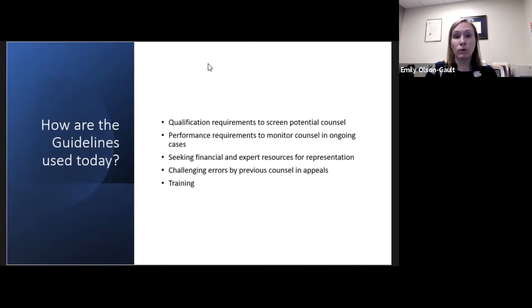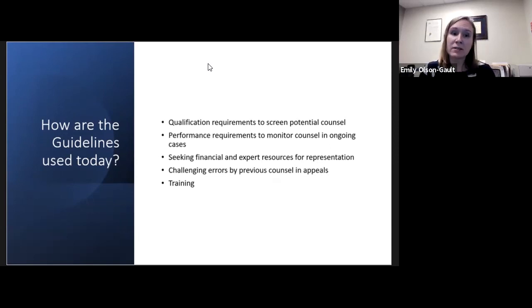And there are sessions where the guidelines themselves are taught, but the other training programs also seek to comply with the guidelines to meet the requirements in the guidelines, that there's specialized training in things like mental illness, in forensics, in science. And so the guidelines form a framework for ongoing training for capital defense lawyers in the United States.